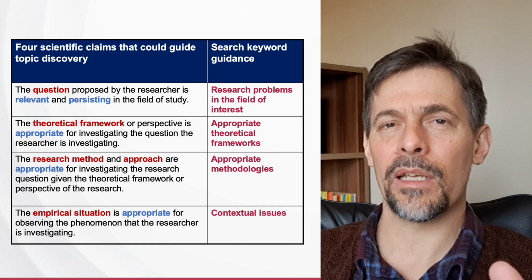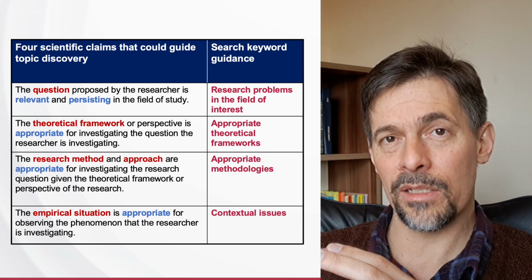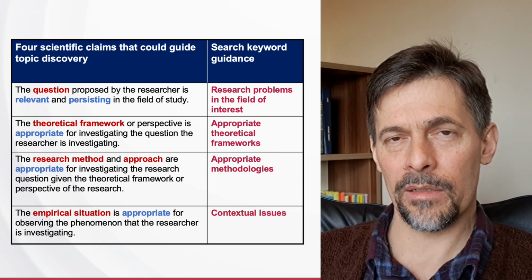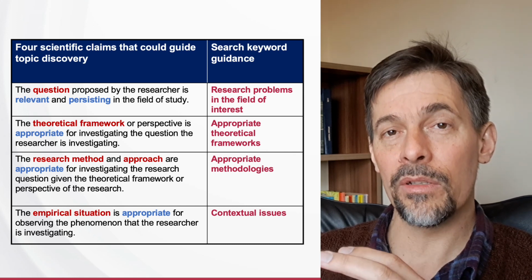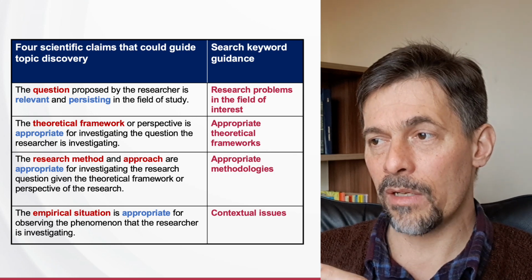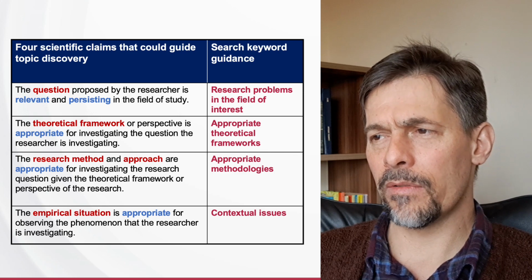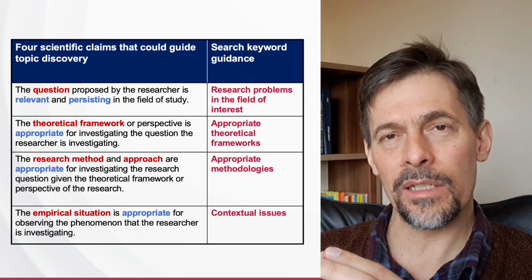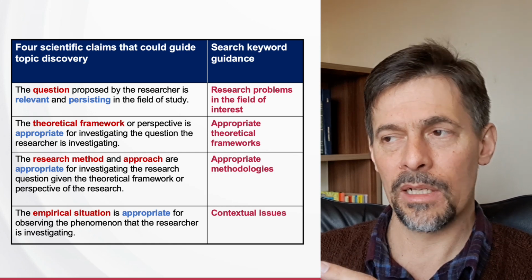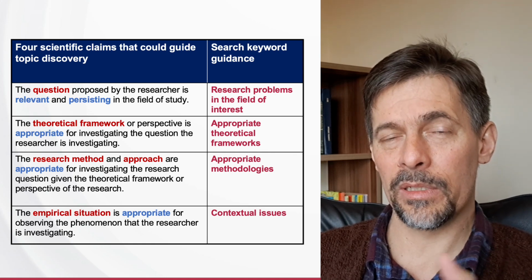So you need to say there are different types of research problems, but then at the end of that discussion, or that imagined conversation between yourself and the literature that you've read, you need to identify a research problem that's really specific or relevant and persisting in your field of study. Now, when I say relevant and persisting, it means that this is really a topic or a problem that is there, it's been confirmed by literature, but if it's persistent, it also means it's been a problem for a while, for example.